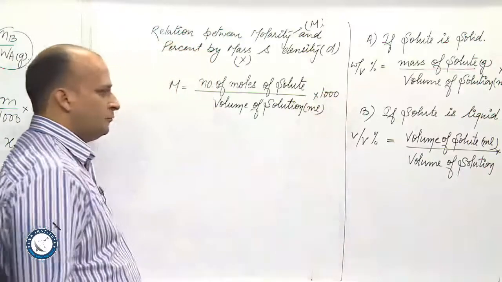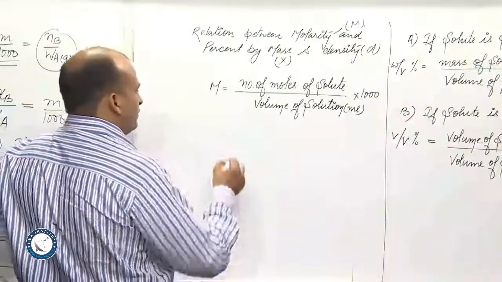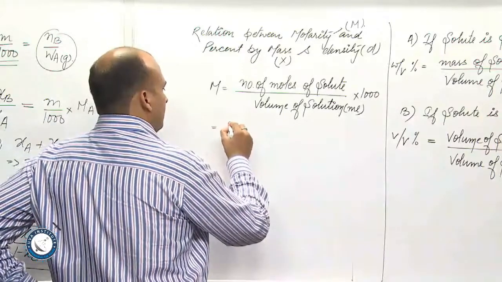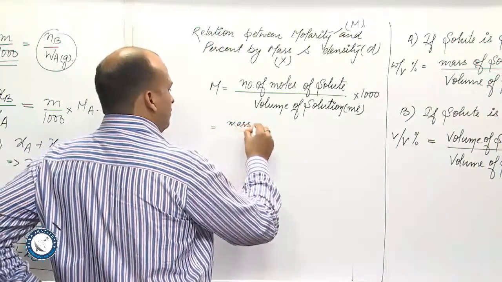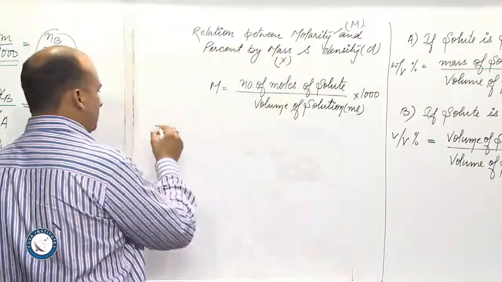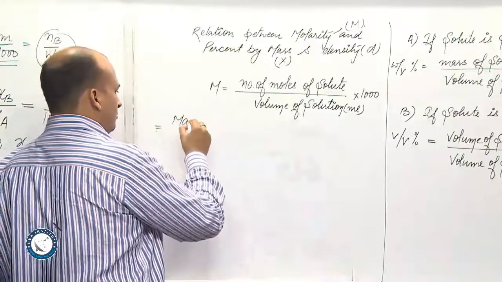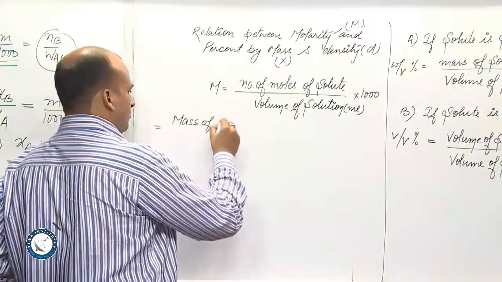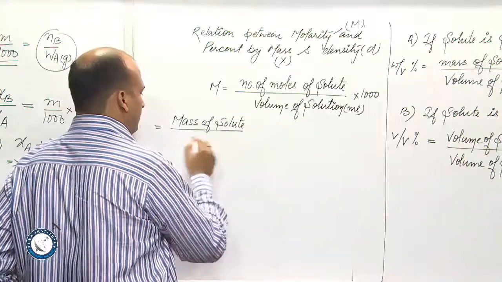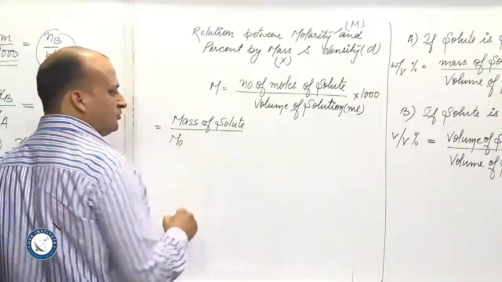Agreed? Now number of moles of solute can be written as mass of solute upon molar mass of solute, M naught.